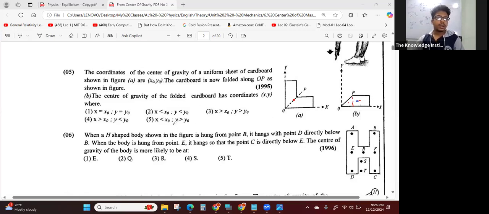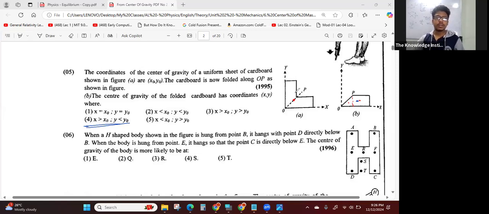So therefore, x is greater than x naught, and y is less than y naught. So the answer is the fourth one.